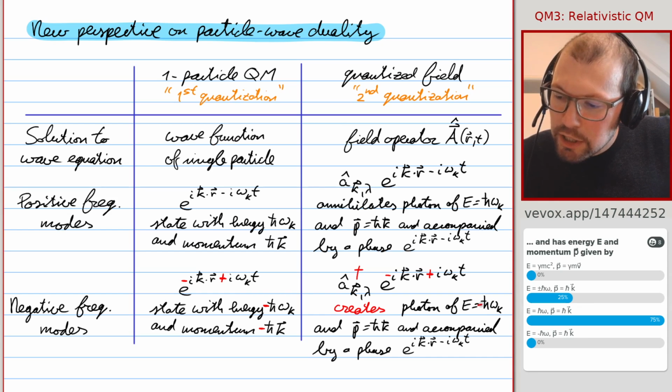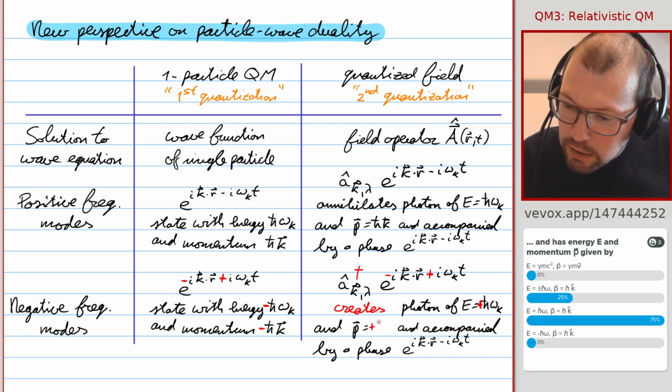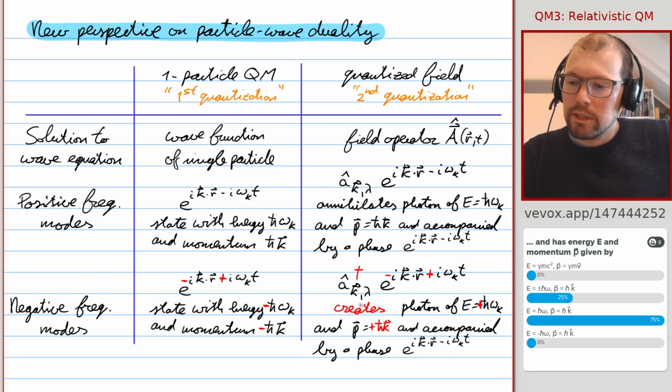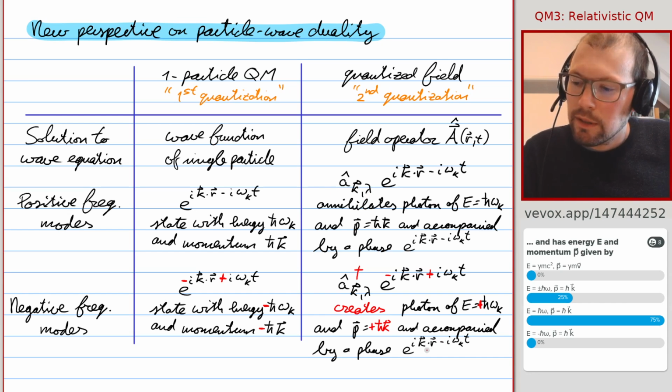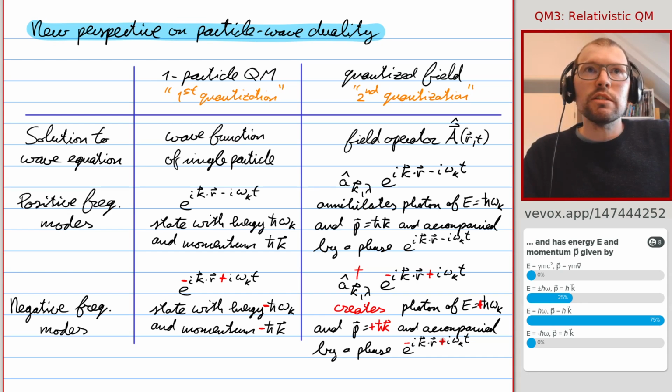So I have here a plus sign for the energy, and I also have a plus sign here, because this operator is supposed to create the same particle that its cousin annihilates. But now this creation operator is accompanied by the opposite phase, the complex conjugate phase, which has this negative frequency.